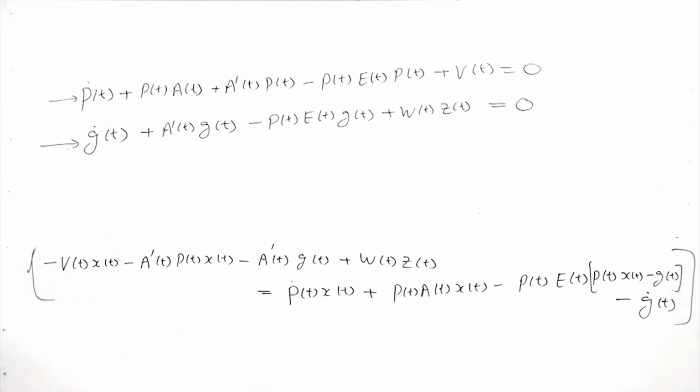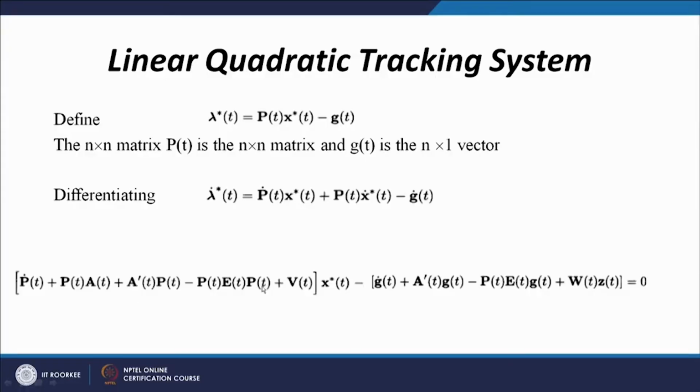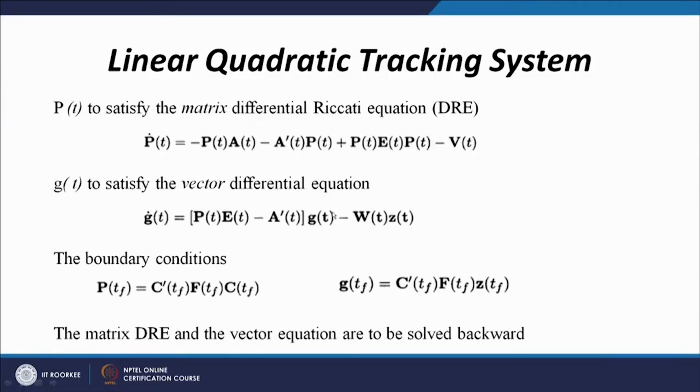So, we got these two equations to be 0. This term will be 0, and this term will be 0. If I arrange these equations, I get the first equation as p dot equal to this, and this is nothing but my matrix differential Riccati equation for the quadratic regulator system. And g t satisfies another vector equation, which is g dot equal to p e g minus a prime g t minus w t z t.